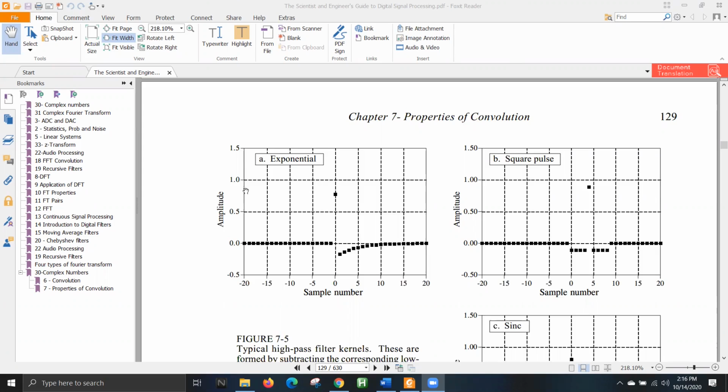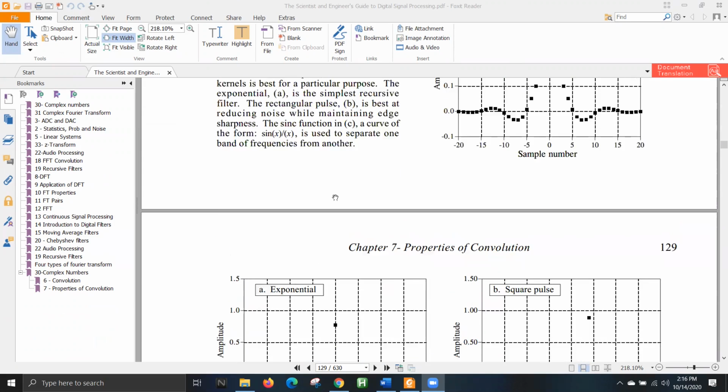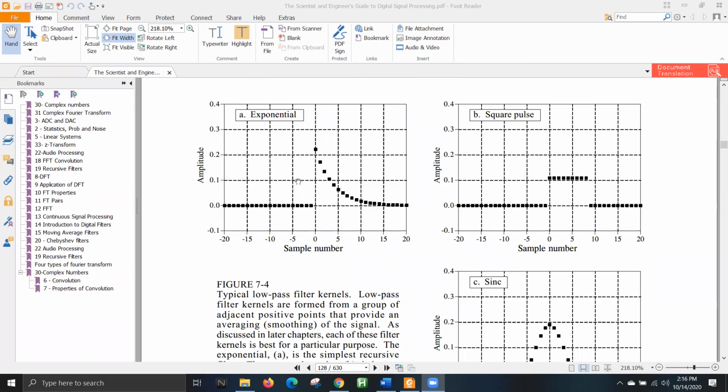Originally, in the low pass filter, if you look at this, the point at 0 was something greater than 0.2. Suppose this is 0.21, and I take the difference of this point from the unit impulse. What am I going to get?